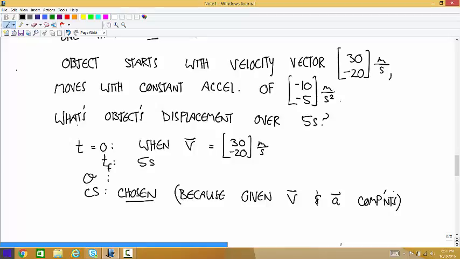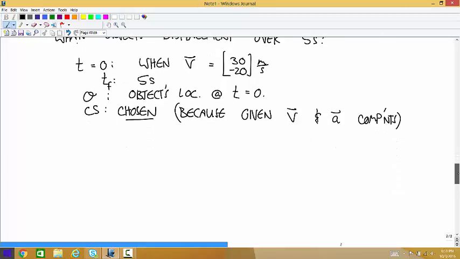The origin, let's put that at the object's location when time is equal to 0. Okay, so do we know time final?